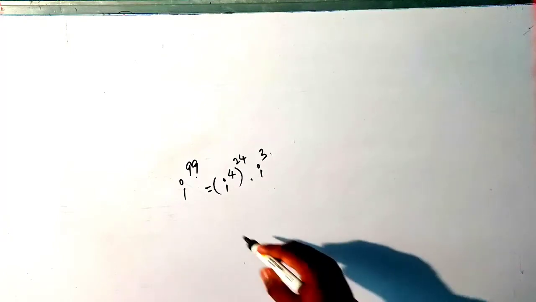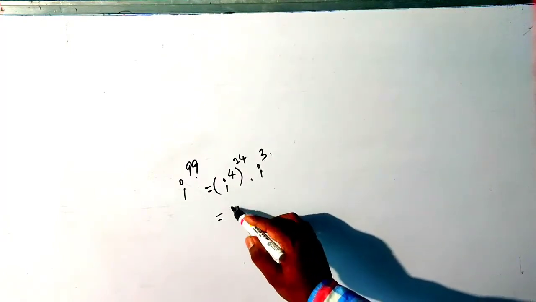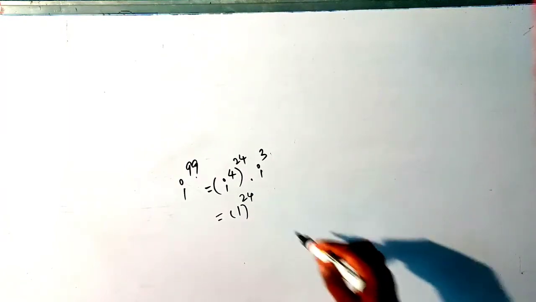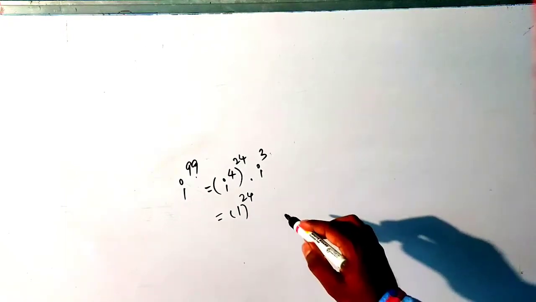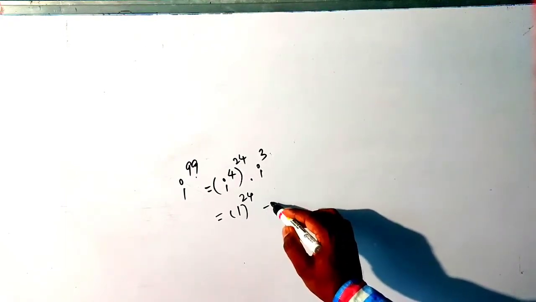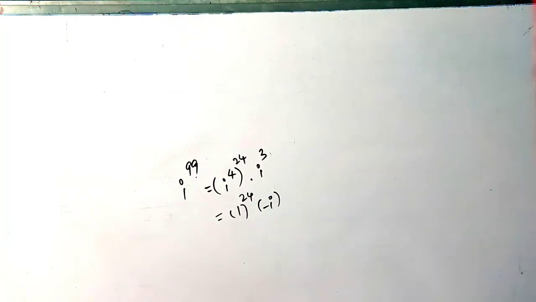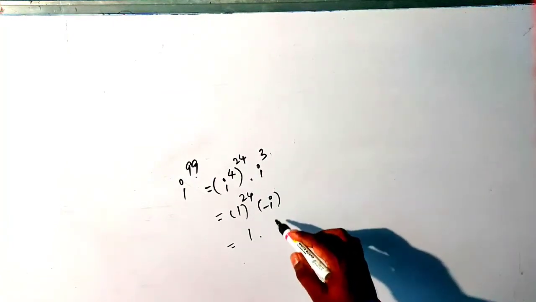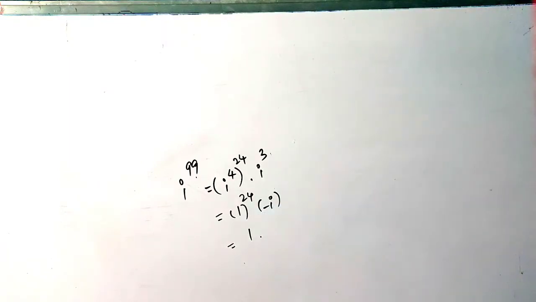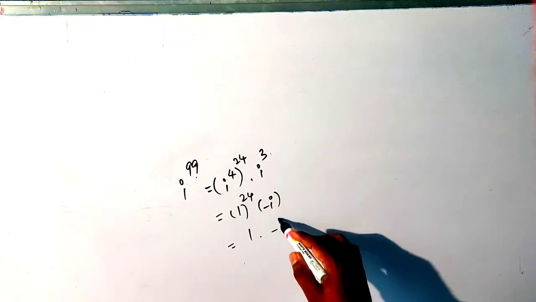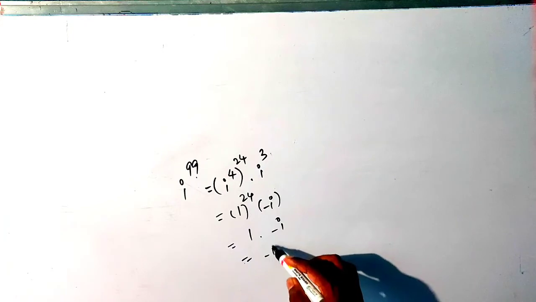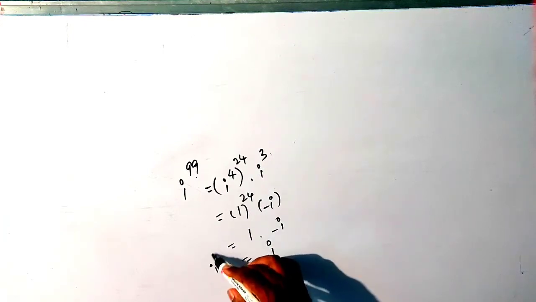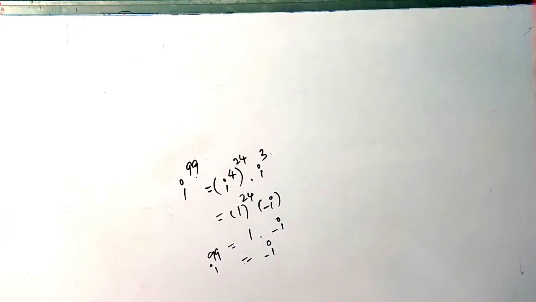Clear? i power of 4 value is 1, we know that, so 1 whole power of 24 is 1. i cube is nothing but minus i. So 1 into minus i is minus i. So i power of 99 is equal to minus i.